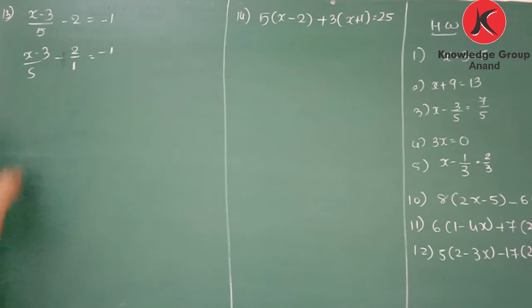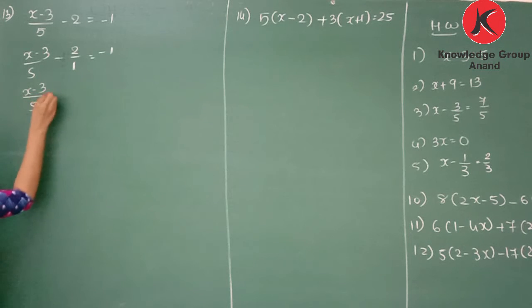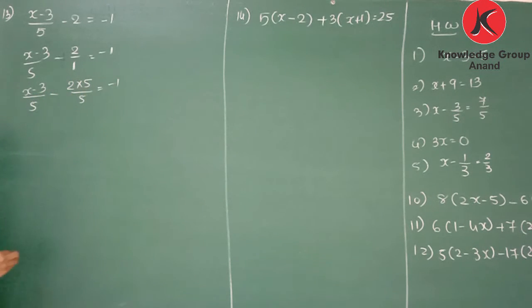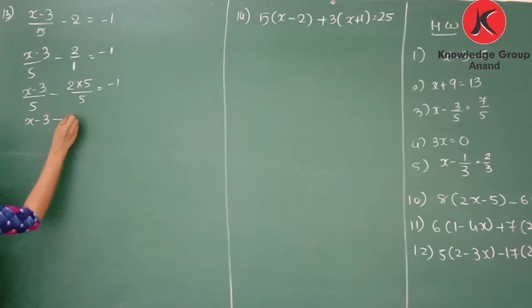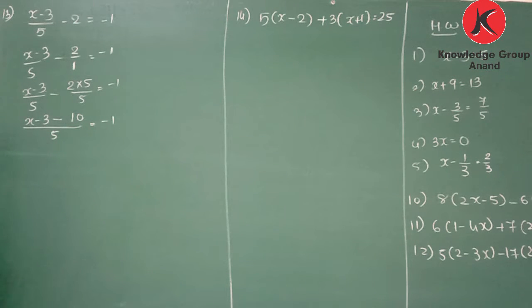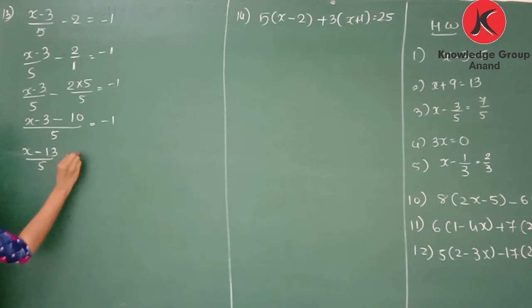How can we get 5 here? By multiplying and dividing by 5, like the LCM method in a fraction. Now we have (x minus 3 minus 10) whole divided by 5 is equal to minus 1. So (x minus 13) divided by 5 is equal to minus 1.